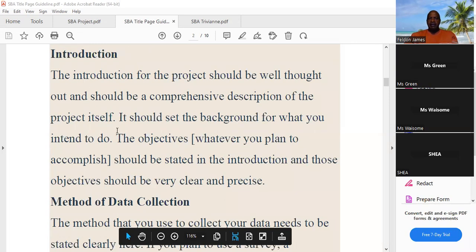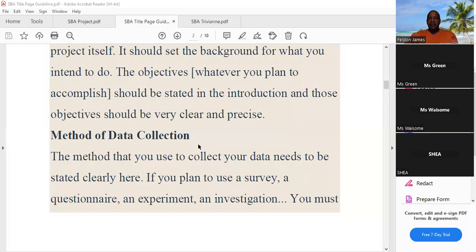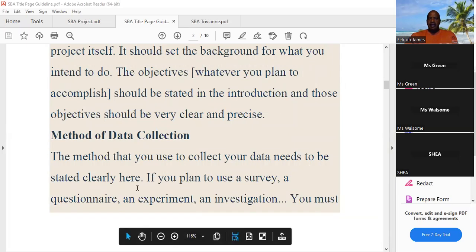All right, so after you do your introduction, you need to be able to say what method you used to collect your data. The method that you use to collect your data needs to be stated clearly here. If you plan to use a survey or a questionnaire, an experiment, or an investigation.